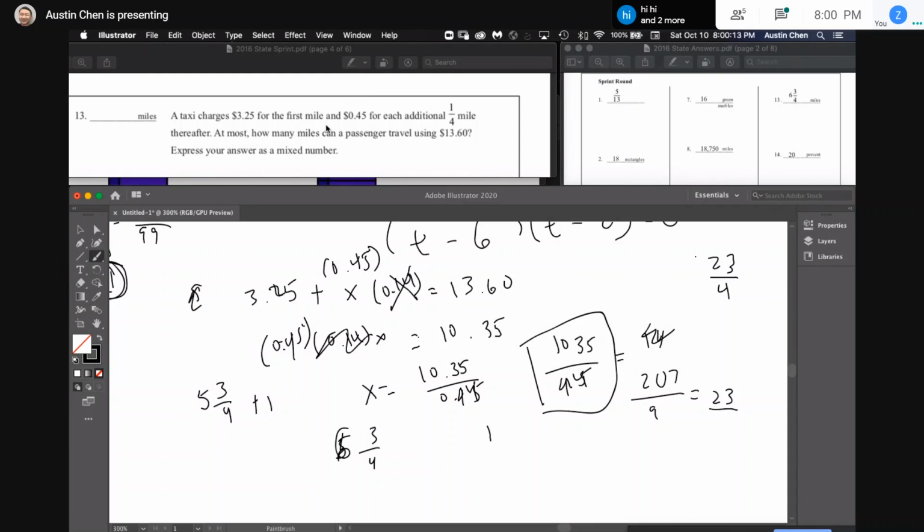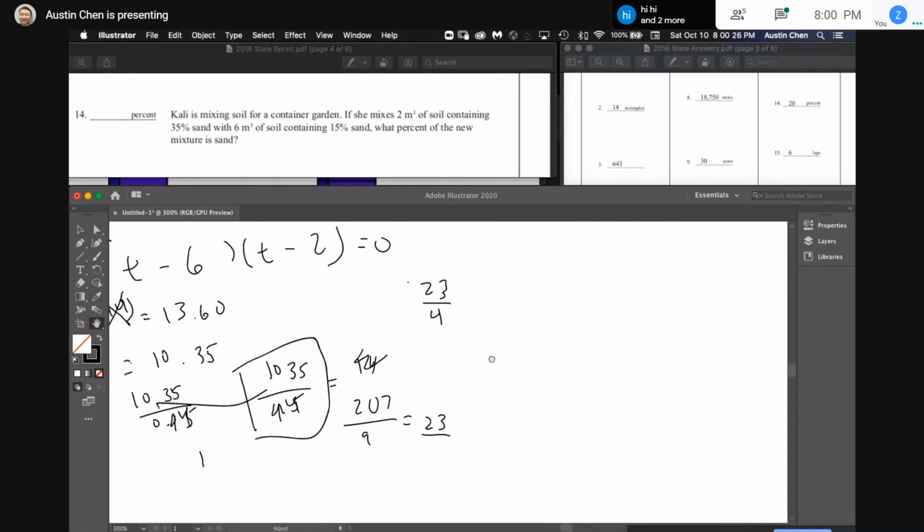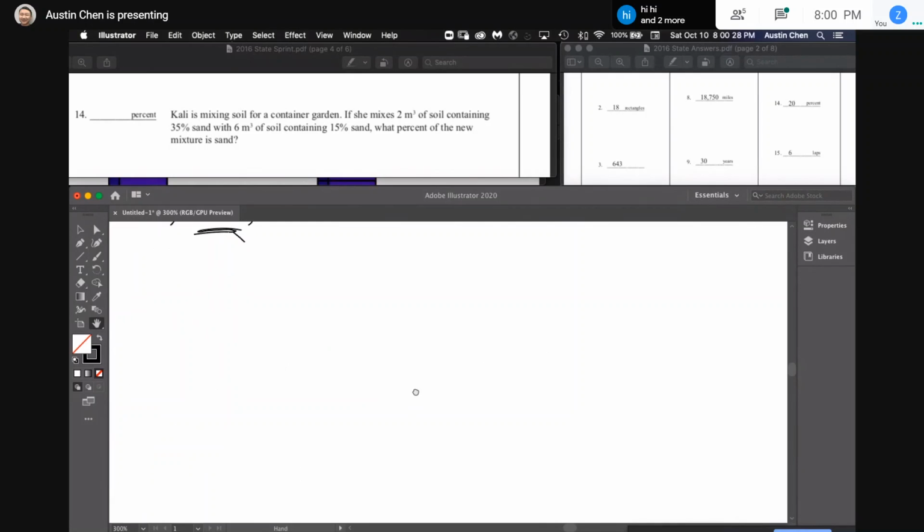Okay. So let's move on to the next problem. Callie is mixing soil for a container garden. If she mixes 2 meters cubed of soil containing 35% sand with 6 meters cubed of soil containing 15% sand, what percent of the new mixture is sand?